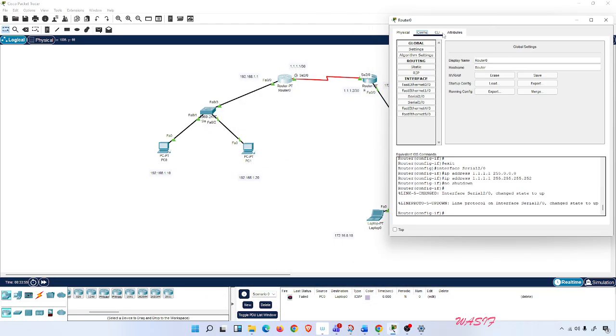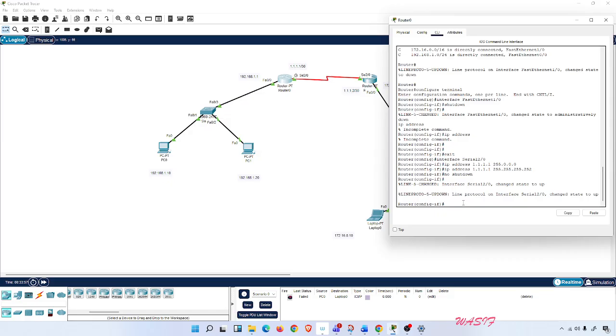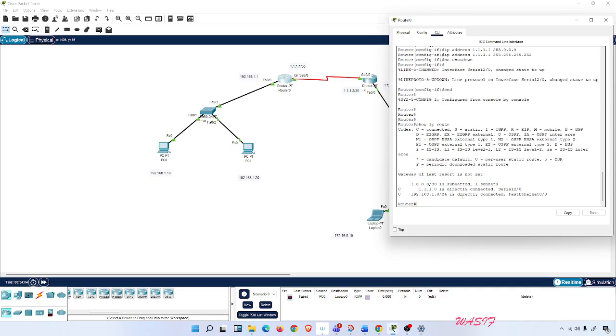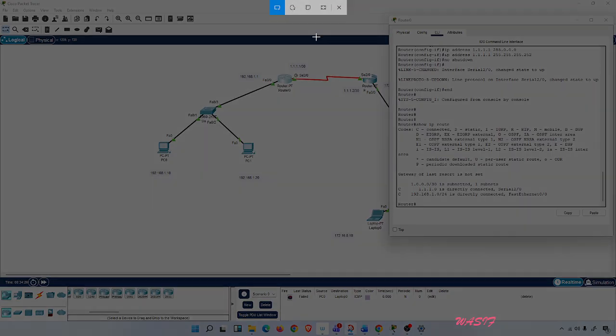Let's come here. If you see the routing table, show ip route, you can see 172 is not present here. So the directly connected interface is this 1.1.1.0, and the other directly connected interface is this. These two networks are directly connected. Okay, so I'll take this one as a screenshot here.